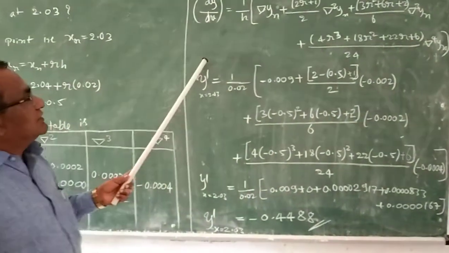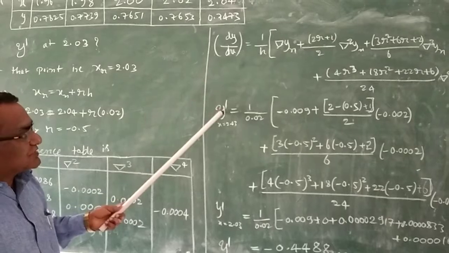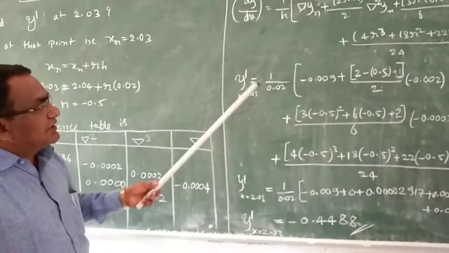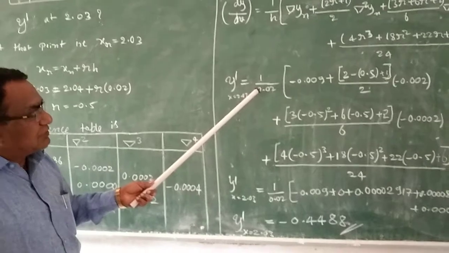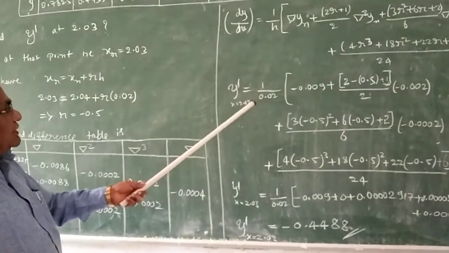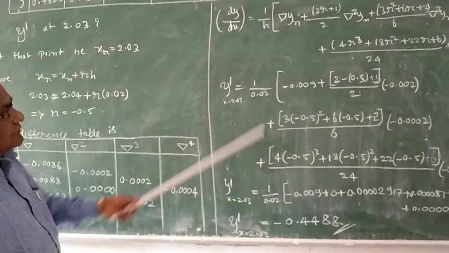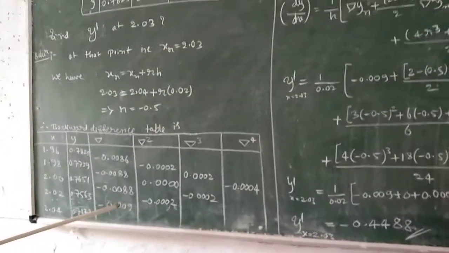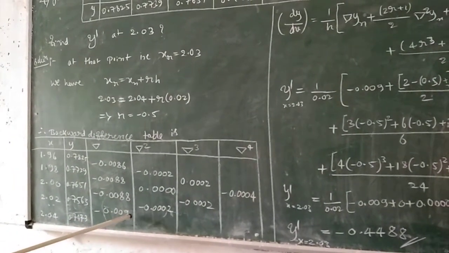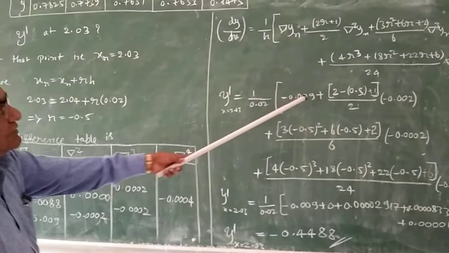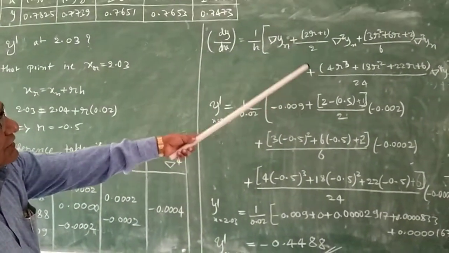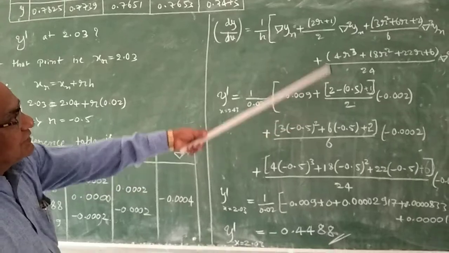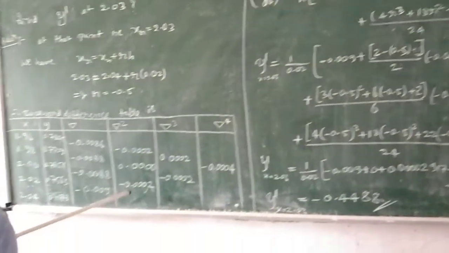Substituting those values here, your dy by dx, meaning y dash at the point x is equal to 2.03, is equal to 1 over h, which is 1 over 0.02, into del yn, which is minus 0.009, plus (2 into r, minus 0.5, plus 1) divided by 2 into del squared yn, which is minus 0.002.